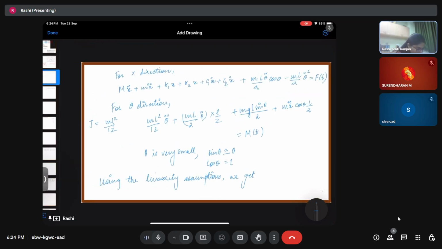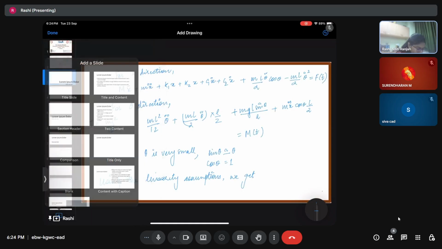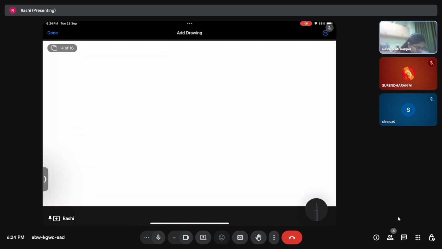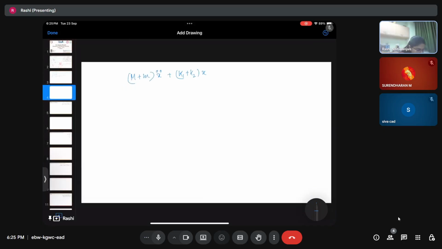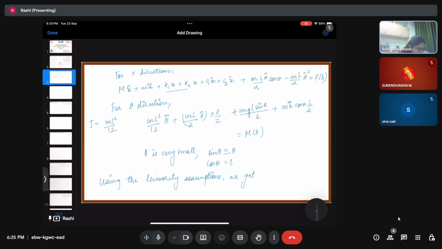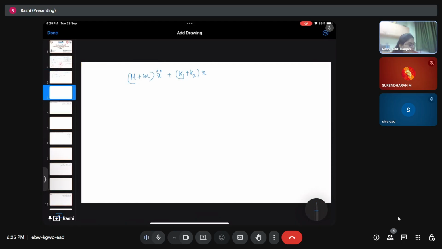So I'll add another slide. We are going to have M plus m into x double dot plus k1 plus k2 into x, which was linear only, as you can see over here. This was linear, so we can write it as it is. C1 plus C2 into x dot.